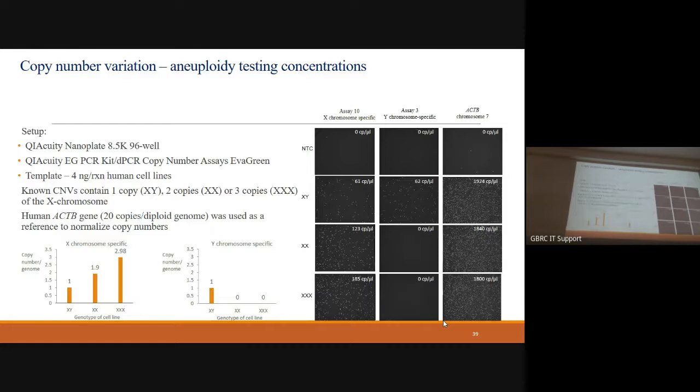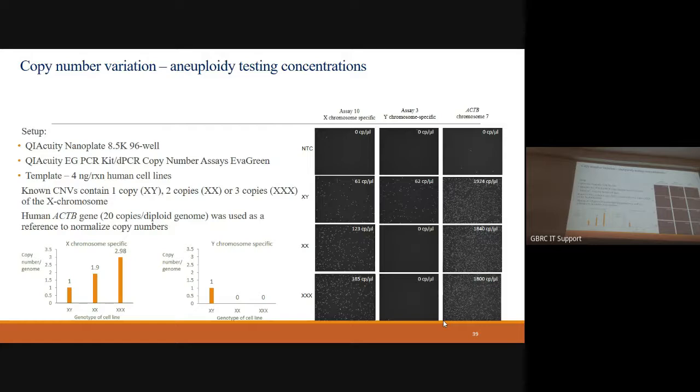So this is one example of copy number variation. They want to check aneuploidy using digital PCR. The normal copy number, XY, contains one copy of X. XX contains two copies, and triple X has three copies on the X chromosome.